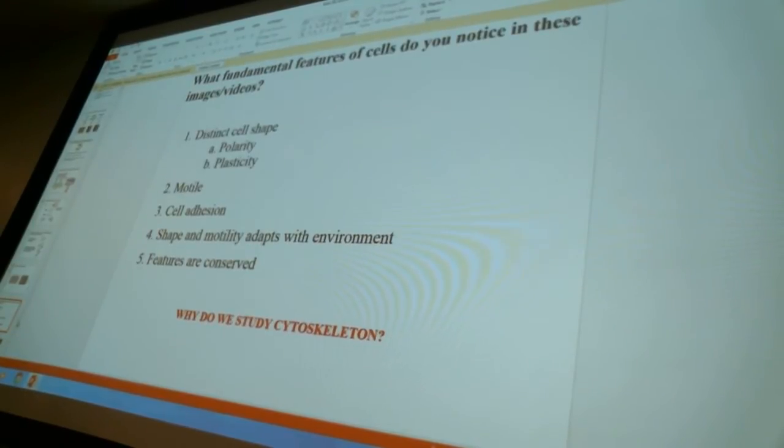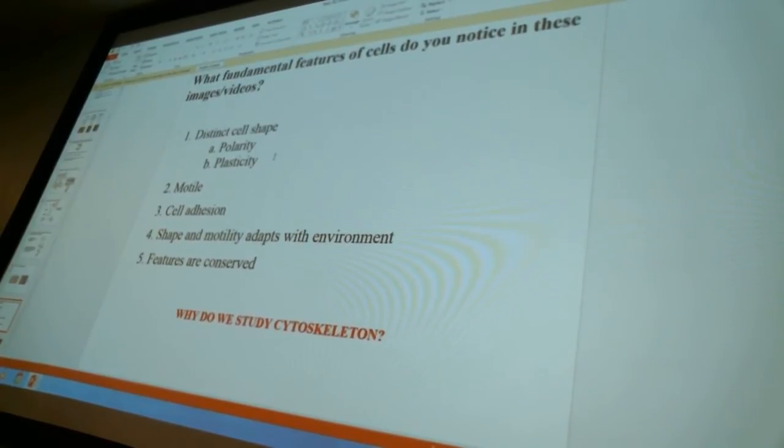So what fundamental features do we observe and notice from the above slides, images and videos? First of all, we can see distinct changes in cell shape. There's a polarity in the cells, so the cells are not perfectly round.